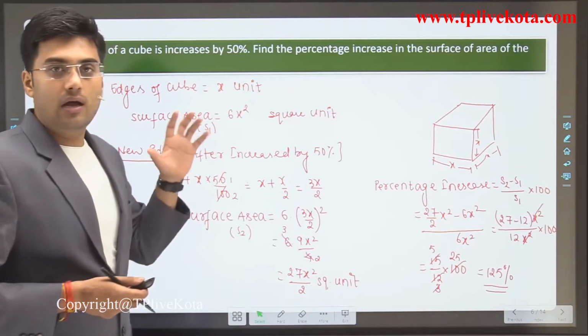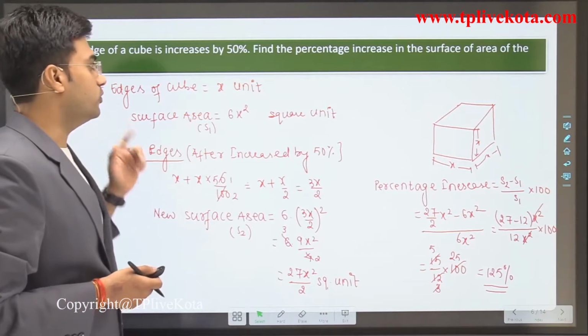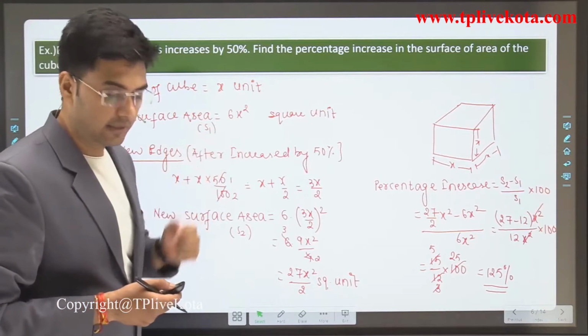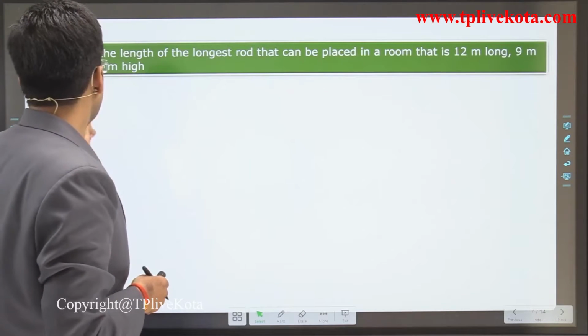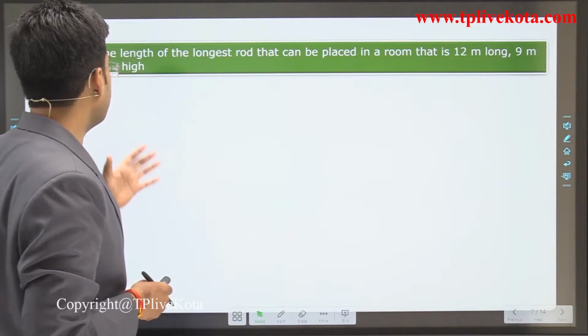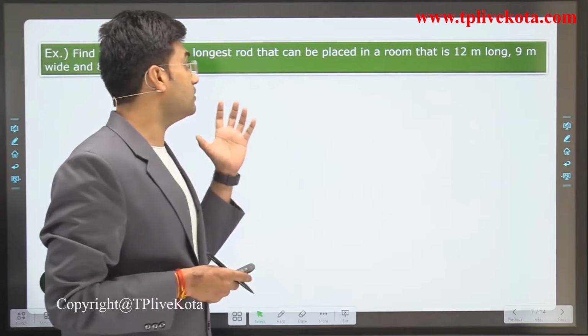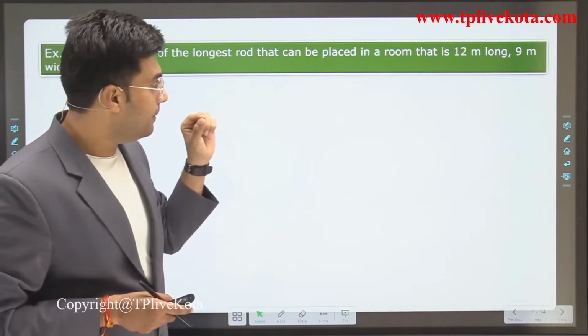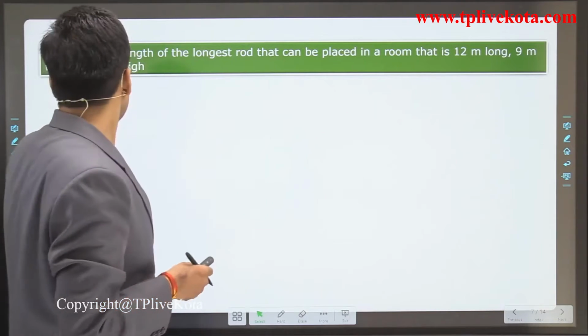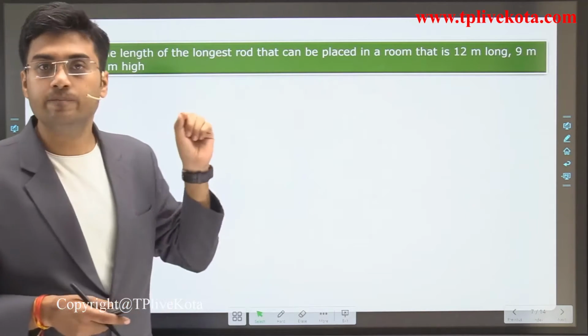So now after this question, let's move to the next question. Here we have to find the length of the longest rod that can be placed in a room that is 12 meters long, 9 meters wide and 8 meters high.